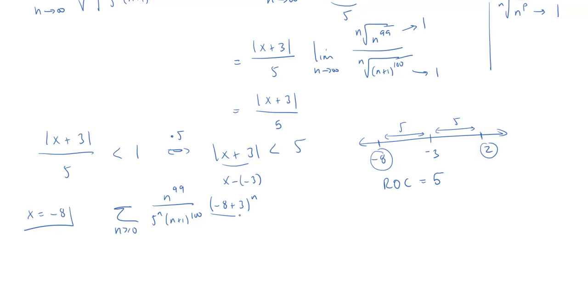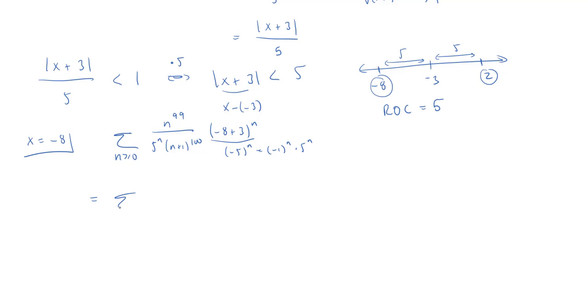Of course, -8 plus 3 is -5 to the nth power, and I could rewrite this as an alternator, (-1) to the n, times 5 to the n. This 5 to the n is going to cancel with the 5 to the n down here. So we're left with the series of n to the 99th power times an alternator over (n + 1) to the 100th power.